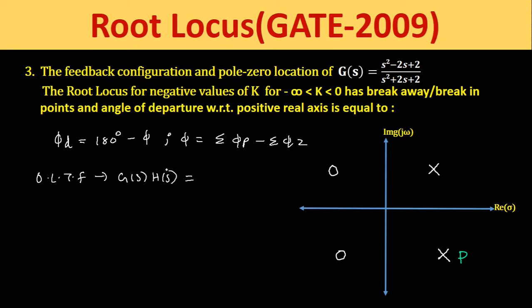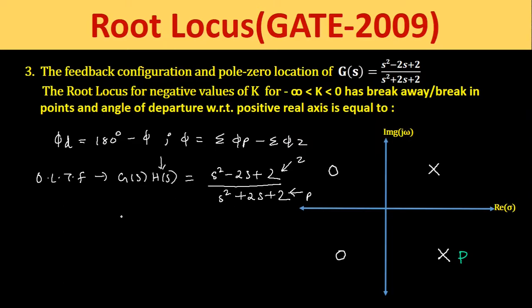Since the system is a unity feedback system, H(s) will be equal to 1. Therefore G(s)H(s) is this equation itself. That means it will be equal to (s² - 2s + 2)/(s² + 2s + 2). And we know that from the numerator of the open loop transfer function we get zeros, and from the denominator we get poles.